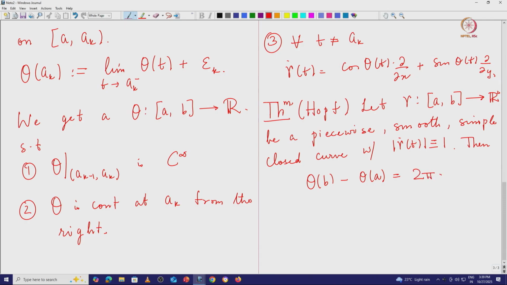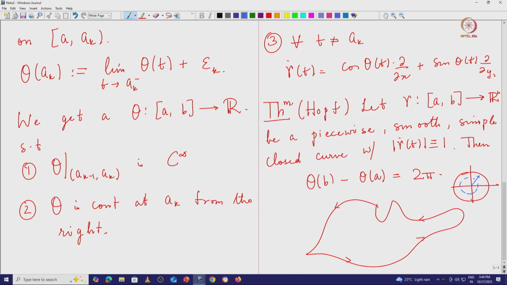So essentially, as you traverse along, let me draw a picture. As you traverse along a closed path, your velocity vector makes exactly a rotation of 2 pi. Okay. So if you plot the velocity vector, it makes exactly one rotation.